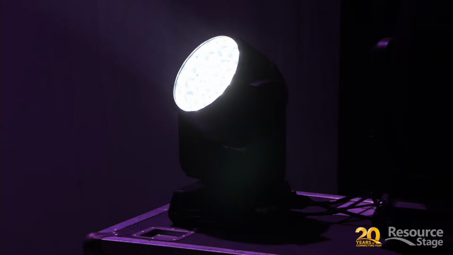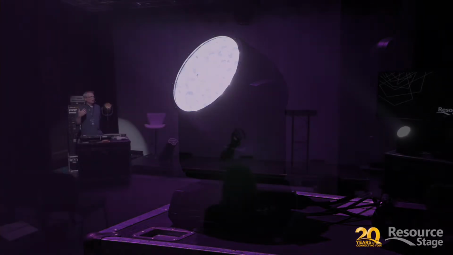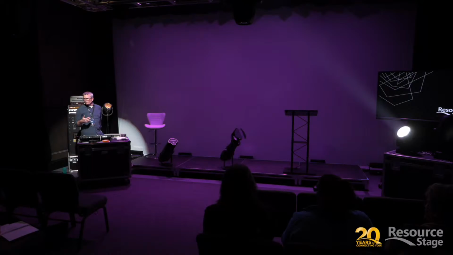That's not to say that we're going to leave it outside in a hurricane, but it is to say that regular rain, or if we're doing a show where it's outside, a Christmas event or something like that, we have no problem with taking these lights outside, and it's totally fine. It also means that they are, yes, absolutely, the zoom is a little bit noisier than I would like it to be, but the other functions are actually pretty quiet.